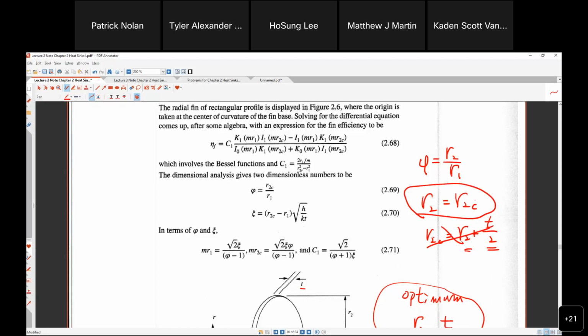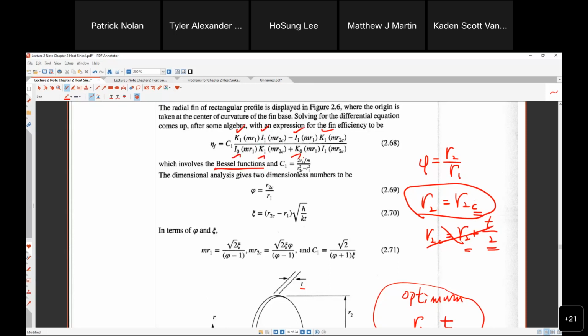Say yes. Okay, don't bother with the C. What is the I in the efficiency? Bessel function. You don't have to know. What about the K1 and I1? It's all Bessel functions, different types.